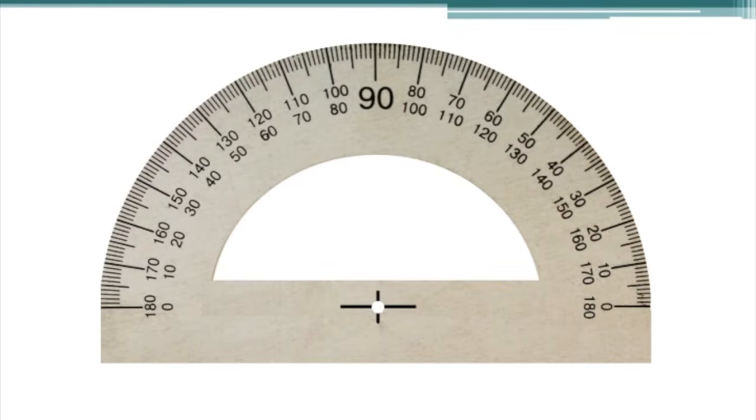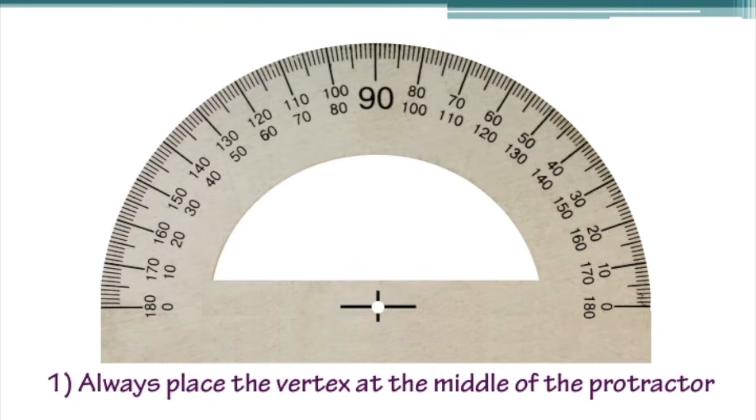Now, let's take a look at exactly how we use the protractor to measure angles. So here's our protractor. There's really just two steps when it comes to measuring angles. The first step is to make sure that we always place the vertex at the middle of the protractor. Like I said before, all protractors are just a little bit different. Some protractors have a hole in the middle of what kind of looks like a bullseye, and that's your middle mark.